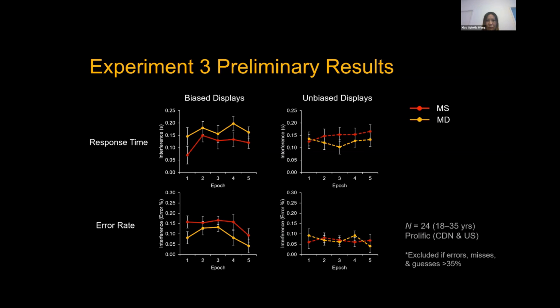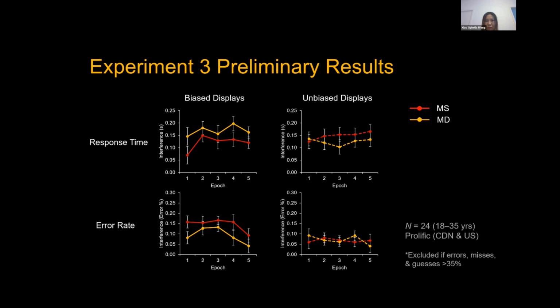But for the unbiased displays, they show different patterns for the two groups. The most similar group experienced more interference, and there was no significant difference in the levels of interference between the two groups when given unbiased displays, which suggests that no transferring of attentional sharpening is happening from the biased display condition.